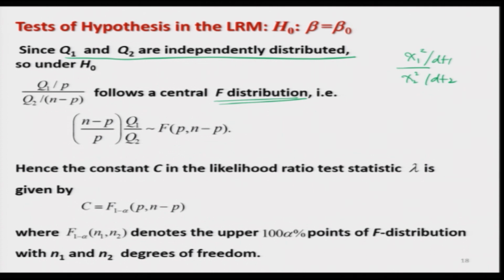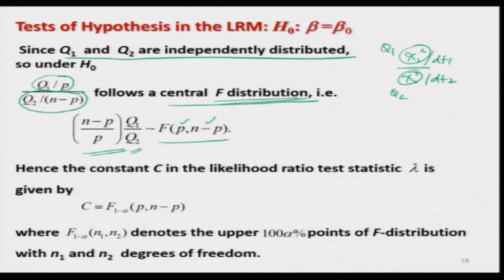The same result can be used here: chi1 square is like Q1, chi2 square is like Q2, and both are independent. So Q1 divided by its degrees of freedom p, and Q2 divided by its degrees of freedom n minus p, follows a central F distribution, or I can say that (n minus p) upon p times Q1 upon Q2 follows a central F distribution with degrees of freedom p and n minus p.